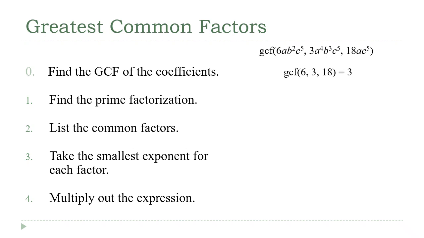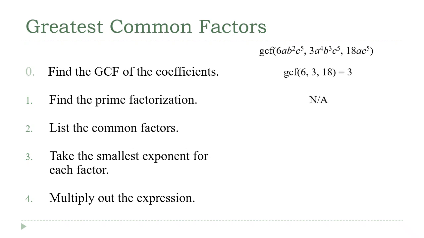But the nice thing about doing this with monomials, they are essentially already in that prime factorization sort of form, right? Because I'm looking at the first one here, the 6ab squared c to the fifth. The factors are a, b squared, and c to the fifth, and of course along with the coefficient, the 6. So we really can kind of skip over this step and go right to the next one.